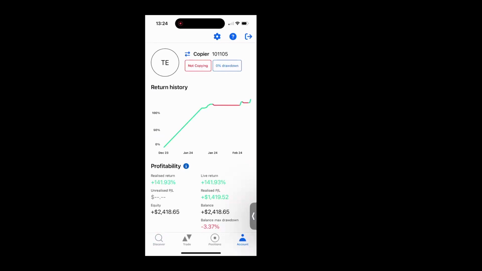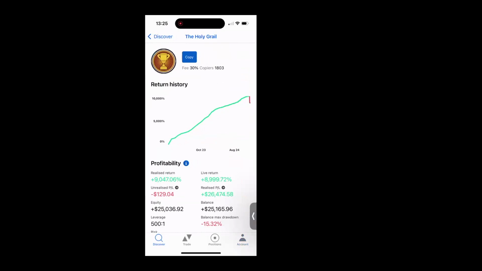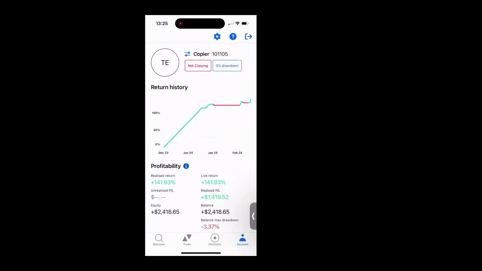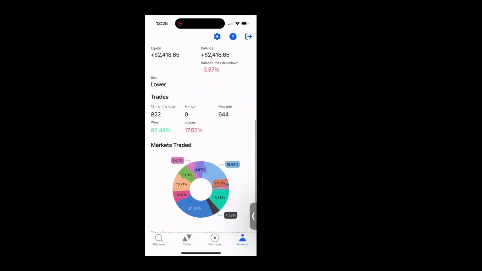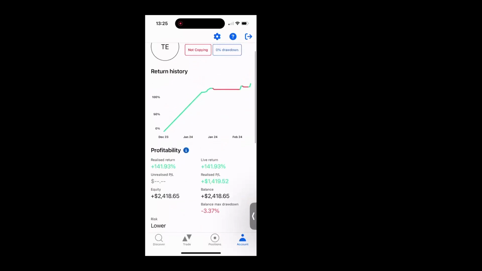The app links into the trading account, evaluates all its open and closed trades from account inception, and has it on display here. Much like with Holy Grail, who has his own returns, you can see my returns here and all the different statistics on my own trading account.